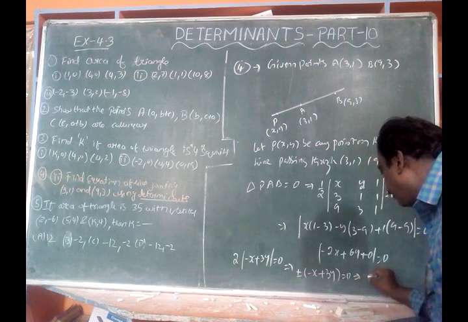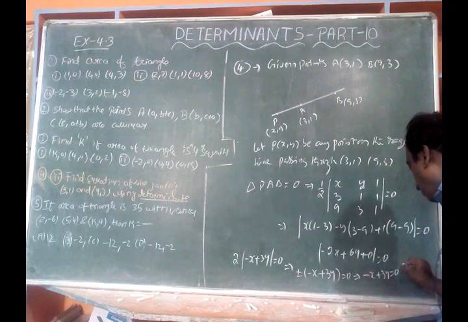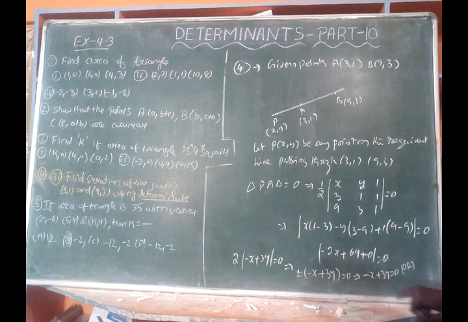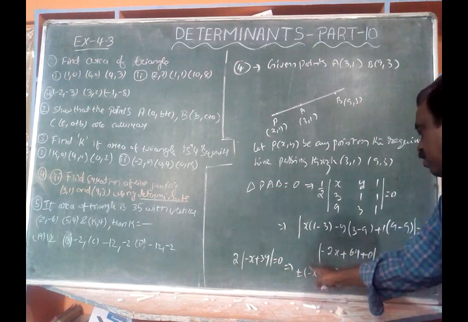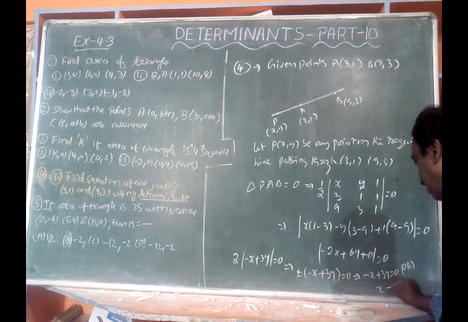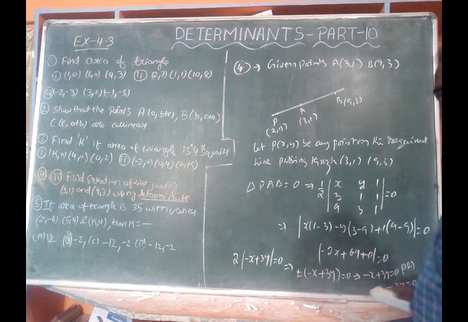That implies minus x plus 3y is equal to 0, or one more with plus or minus there. Two types of equations will be formed: minus x plus 3y is equal to 0, or x minus 3y is equal to 0. This is a very good concept. These are the equations of the required line. Is it clear?